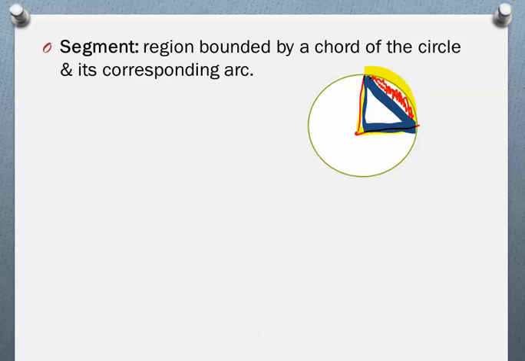So what you're going to do is calculate the area of the sector and the area of that triangle and take the difference of the two. So the area of the segment is equal to the area of the sector minus the area of the triangle.